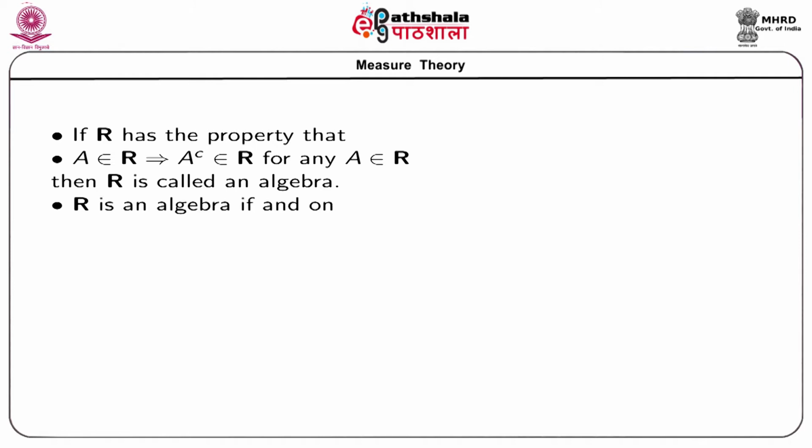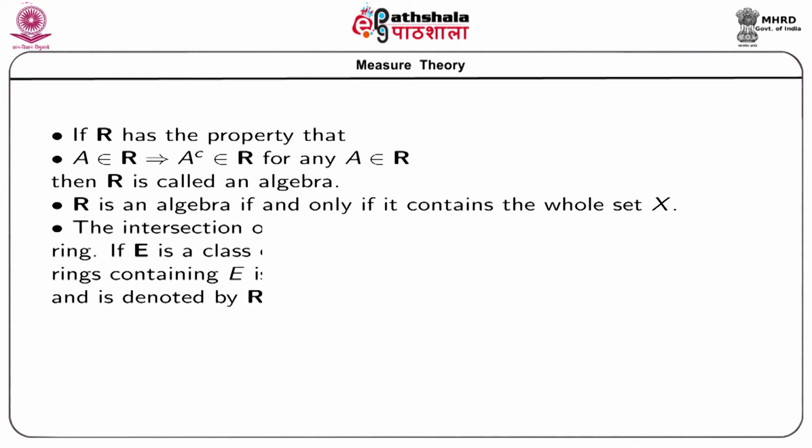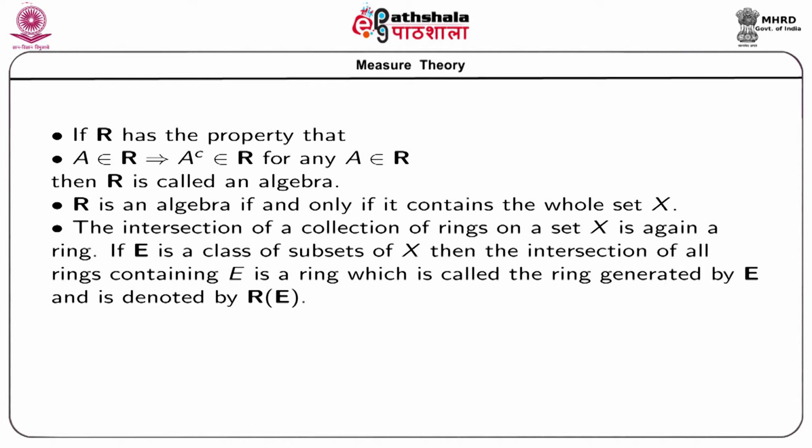In other words, R is an algebra if and only if it contains the whole set X. Obviously, every algebra is a ring, but the converse is not true. For example, in an infinite set, if we take the collection of all finite subsets, then it is a ring, but not an algebra.